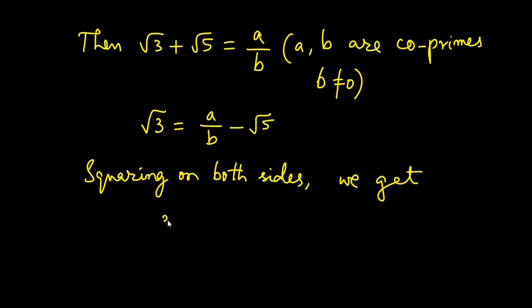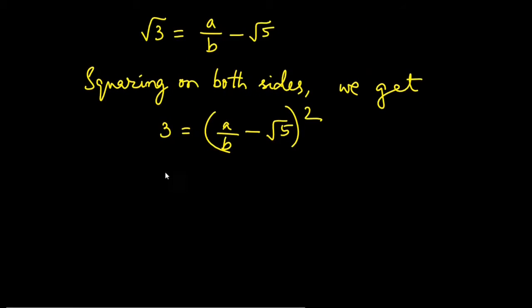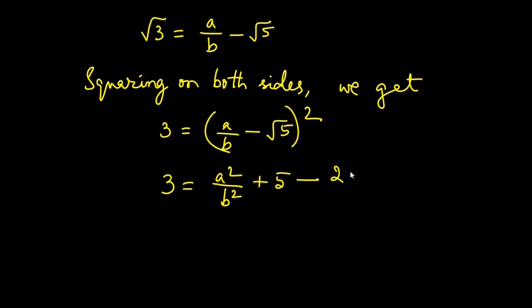We get 3 is equal to a by b minus root 5 whole square. Now let us expand. 3 is equal to a square by b square plus 5 minus 2a by b root 5.